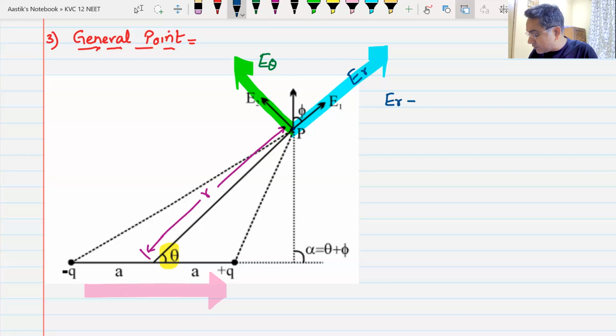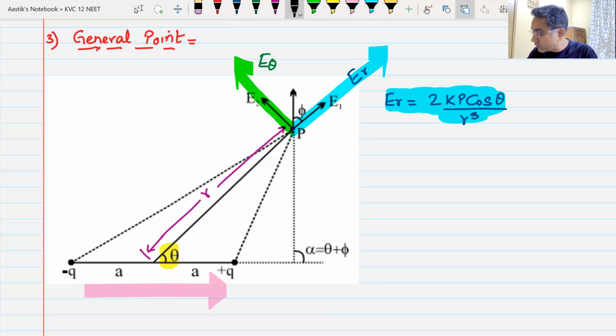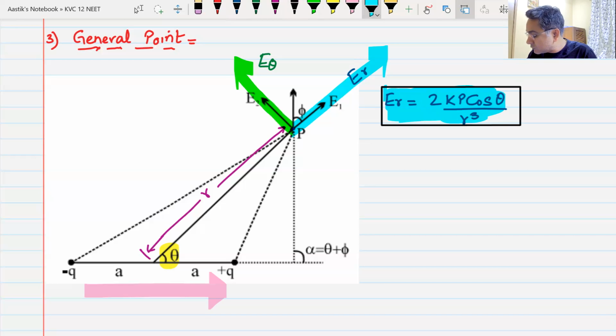ER, the radial component, the value of ER is given as 2 times Kp cos theta by R cube, the blue one.